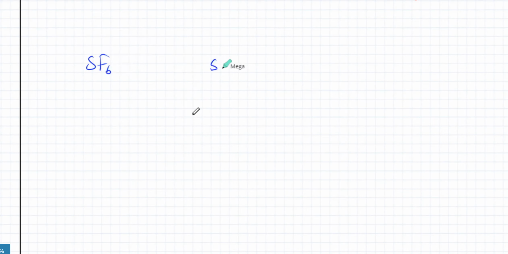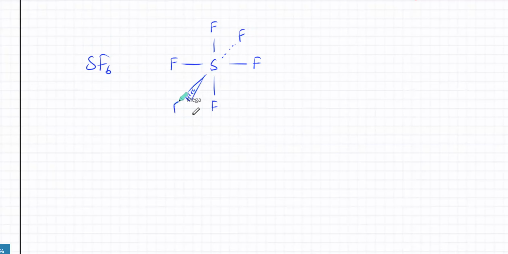So that means S has F on the right side. Octahedral means 6 bonds, one on the right, one on the left. One would be on the top. One of them would be at the bottom. One of them would be behind sulfur on the Z-axis. And the other one would be coming out of the page in front of it.